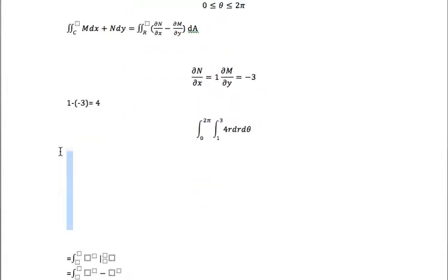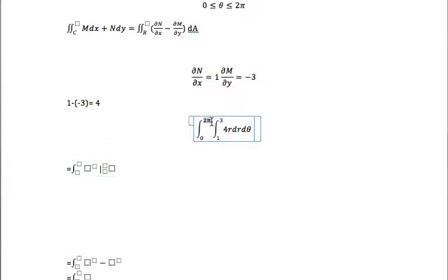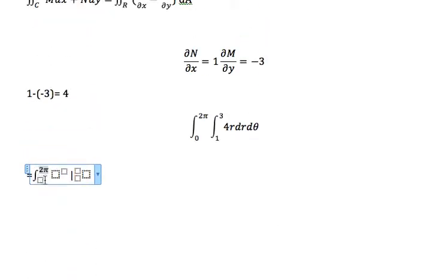I did this a little before because it takes up time. So the first thing we are going to do is put our 0 to 2 pi in here, and we're taking the integral of 4r dr, so that is going to be 4r squared over 2, which you cross out the 4 and the 2 to make it simpler, so it's going to be 2r squared from 1 to 3 of d theta.